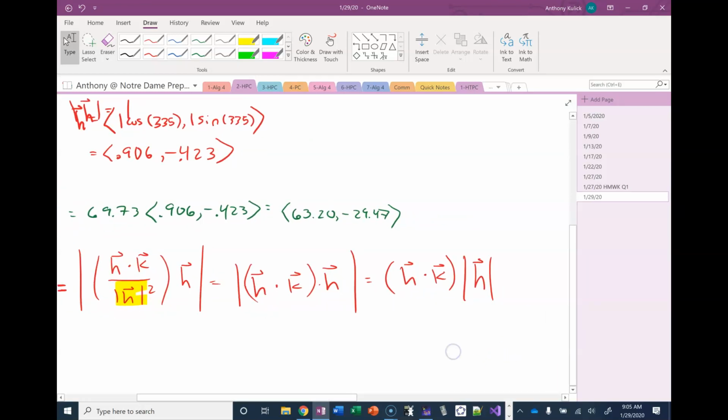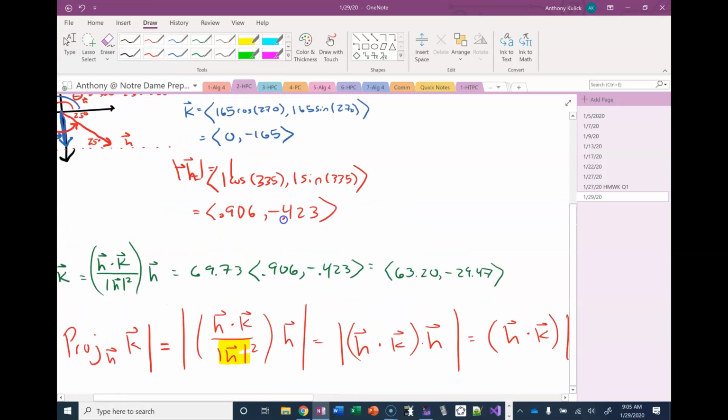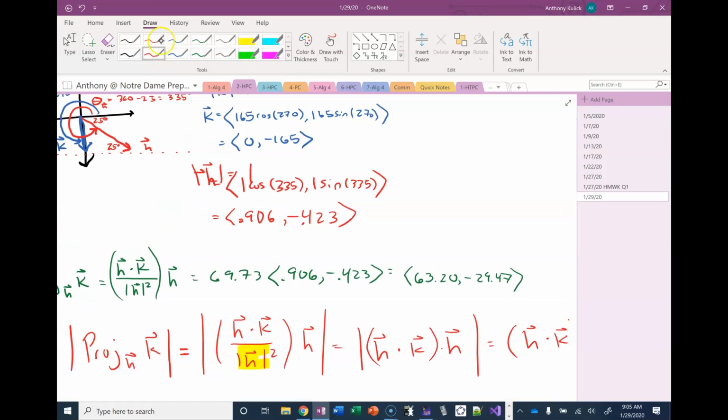And then what's the magnitude of h have to be? How did we calculate h? This is how we got h. So what is h really?